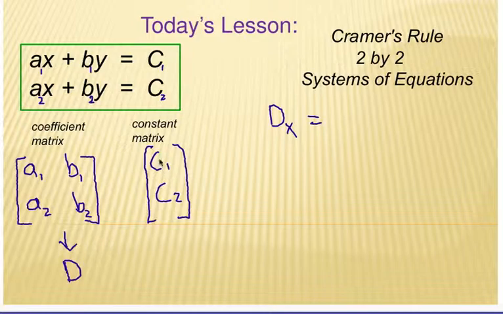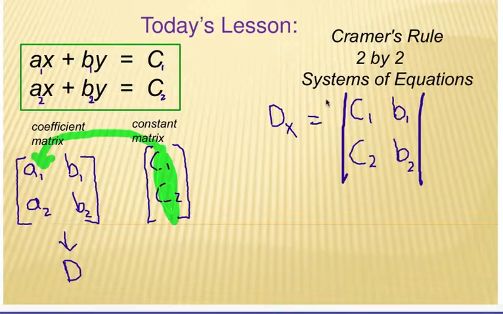If we're talking about the x's, we're going to use the constant matrix numbers here and substitute them in place of the x coefficients. So here's what that looks like. They substitute in for the x coefficients, and the y coefficients here stay the same.